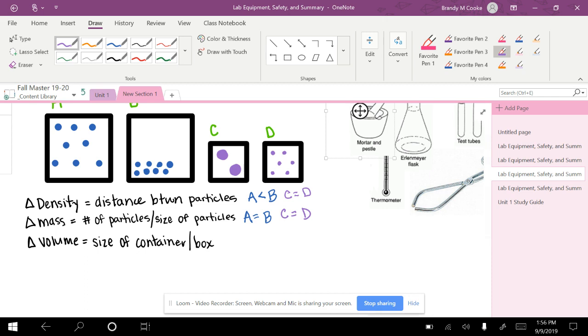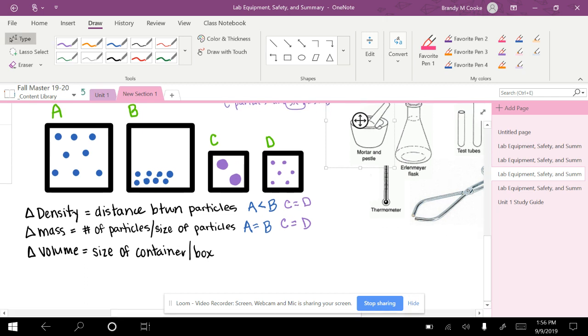And so you can see that clearly boxes A and B are equal in volume, but box B is certainly bigger than box C or box D. Just a couple of examples there. So this is how it gets broken down, and we can manipulate these variables to show in a drawing what it would look like.